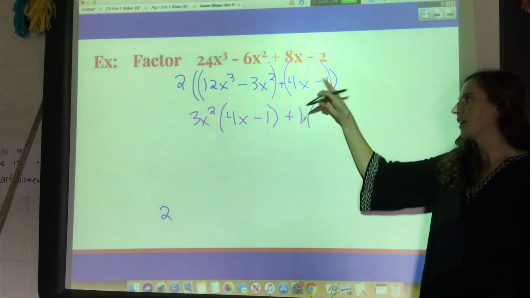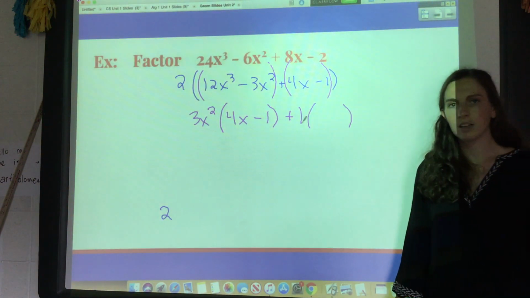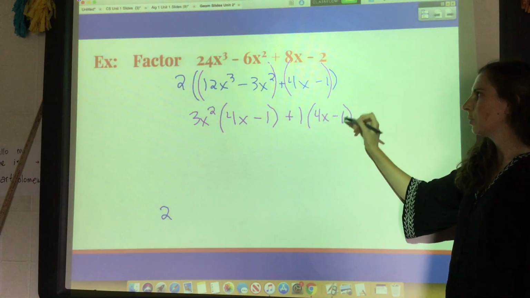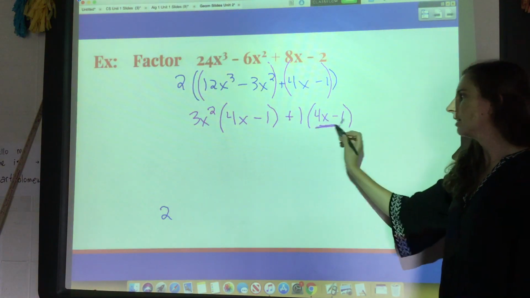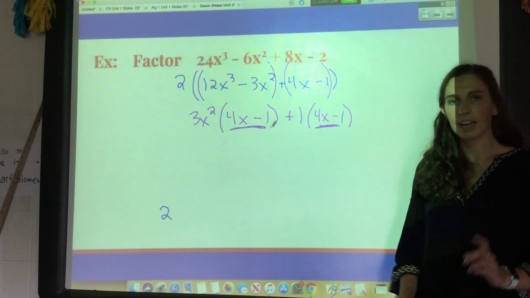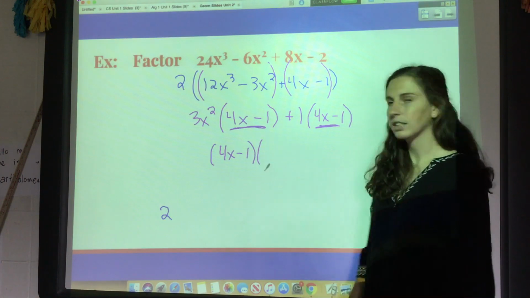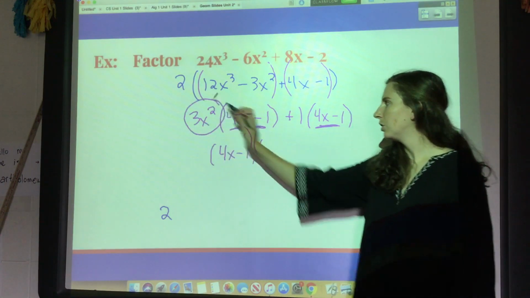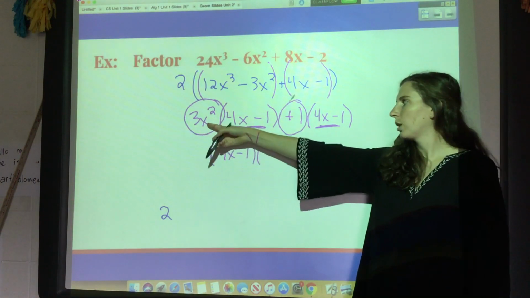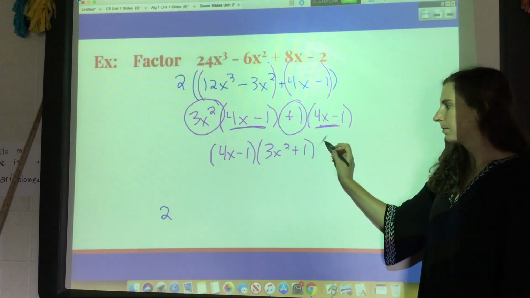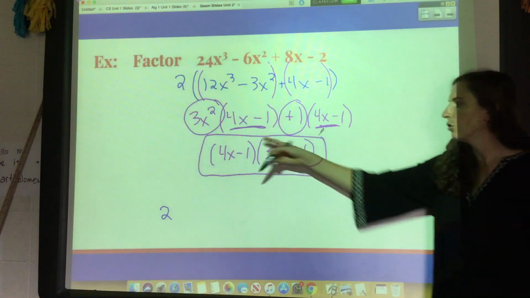The only thing I can factor out is a sad little 1, leaving 4x minus 1, which is good because this matches this. That's one of my factors. The other factor comes from combining the 2 GCFs, 3x squared plus 1. And those are my 2 factors.